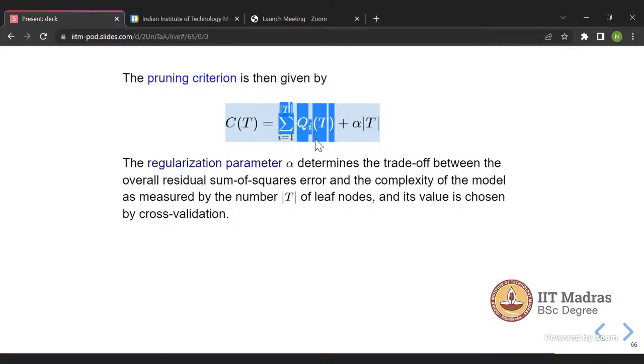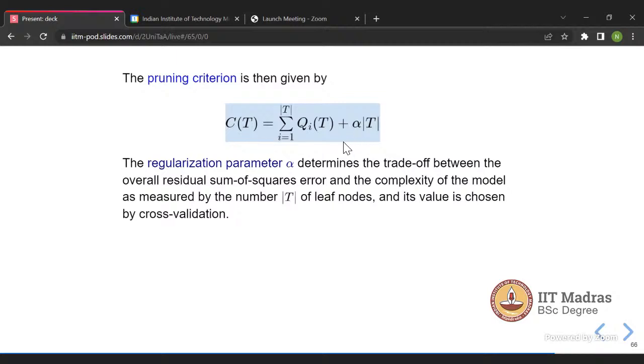So alpha 0 means that we want to grow the largest tree, and if alpha is infinity, then for minimizing C(T), we want the complexity of the tree, that is the number of leaf nodes, to be lesser, because if we choose alpha to be infinity, this should be 0, and 0 means that there is no splitting of the data set. So alpha infinity means that we will not split our data set.